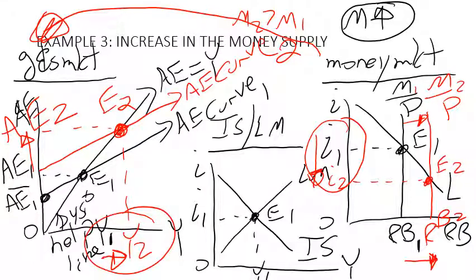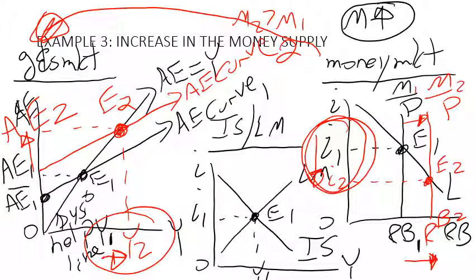So that's our conclusion about GDP. It increases. And this is the conclusion from the money market, lower interest rates. So again, the ISLM model summarizes the goods and services market through the IS curve, and it summarizes the money market through the LM curve.